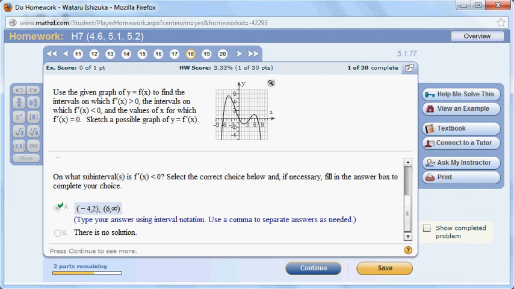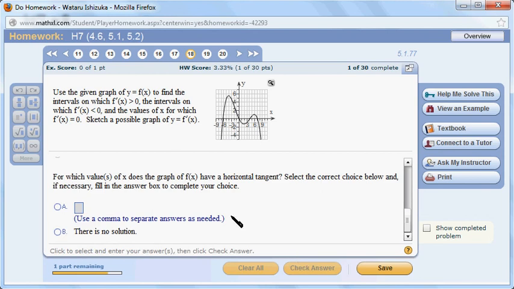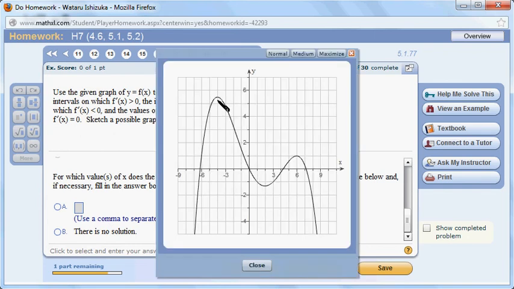All right, continue. For which values of x does the graph of f have a horizontal tangent? Select the correct choice below, and if necessary, fill in the answer. A horizontal tangent line happens when the derivative is 0. So right here, you can see that at -4 you have a horizontal tangent line, and here at 2 and at 6.